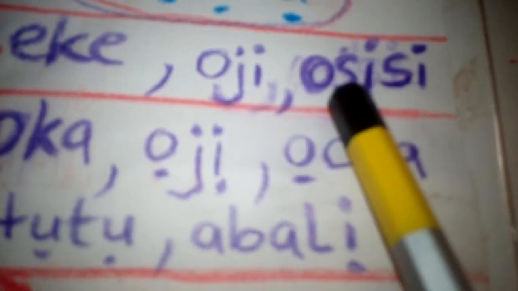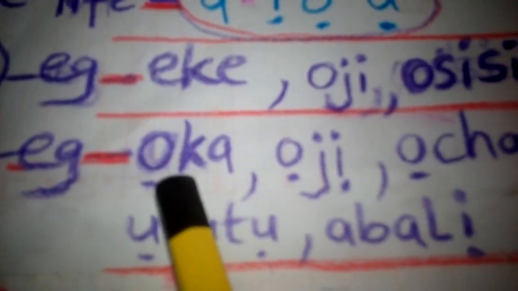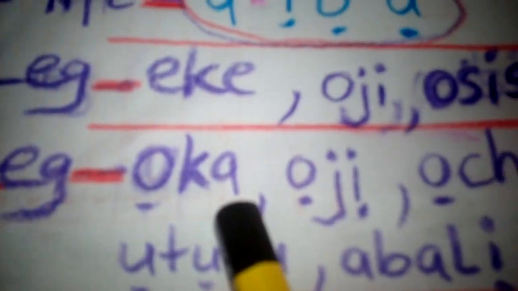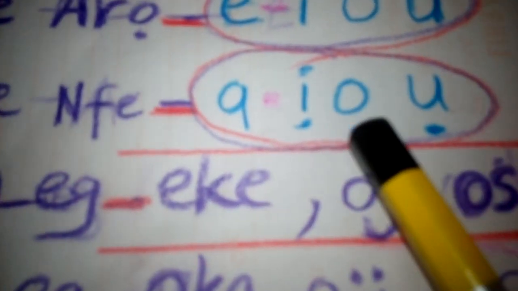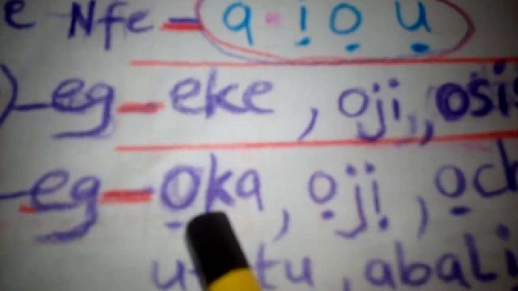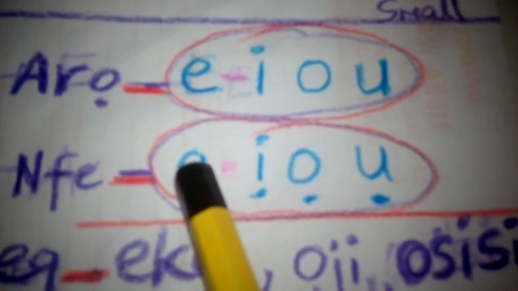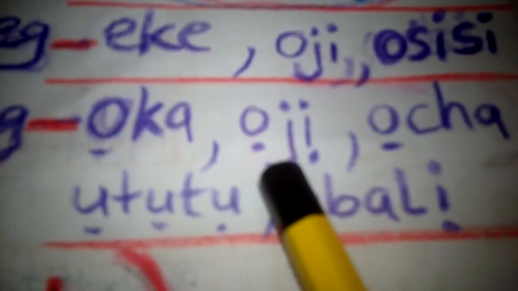So like that. Udaume mfe, example is like Osisi is a tree. Remember, Osisi is tree. Okay, Oka is corn. Oka, you see, this O belongs to this group. K is a consonant. A belongs to this group. Oji is kola nut.